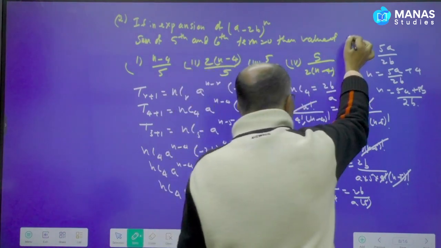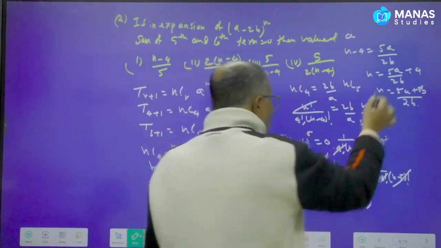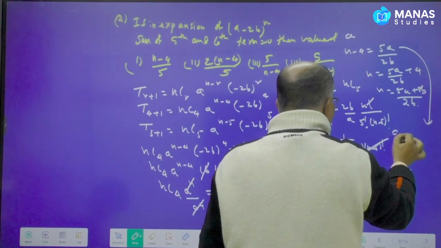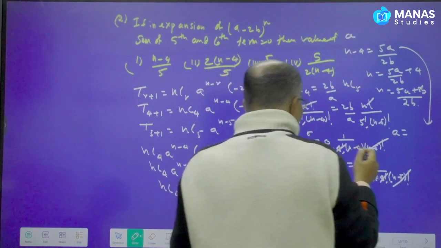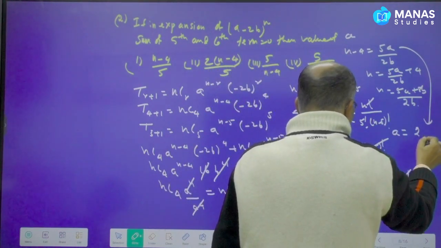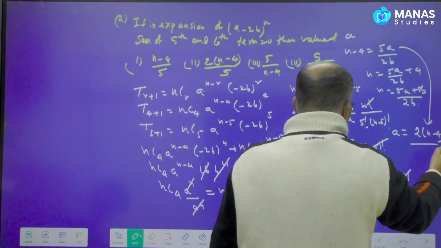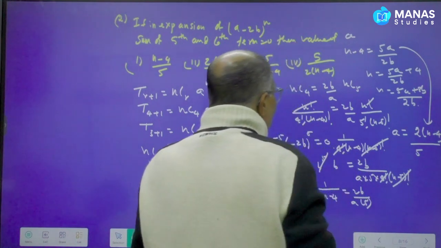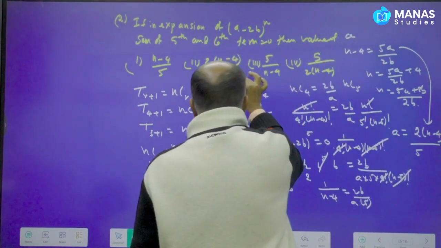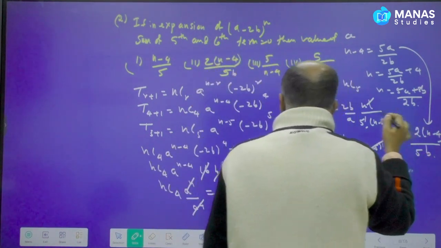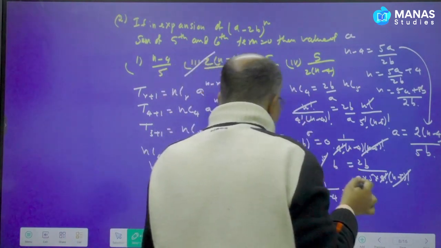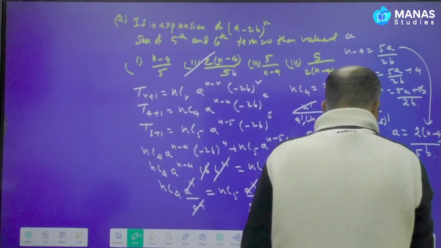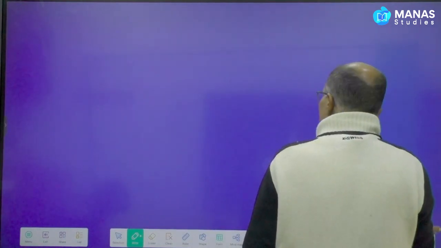So the value of a from this term is a = 2b(n − 4)/5. So option number 2 is the correct answer. Now we will move to the next question.